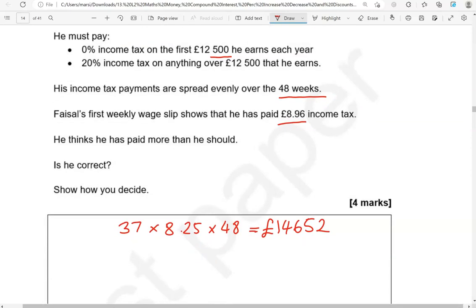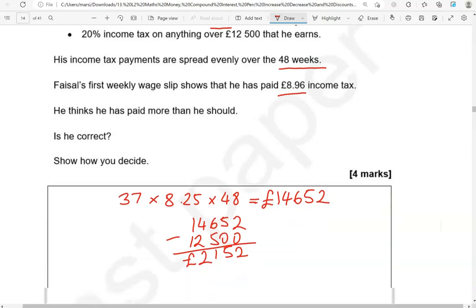If we take away 12,500 for which he's not going to pay any tax, then we can work out the amount that he will pay tax on. So if we do £14,652, take away 12,500, 2,152, so £2,152 he will pay tax on, and that's 20%.